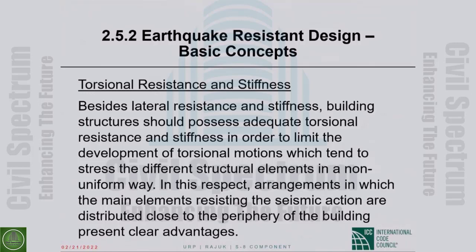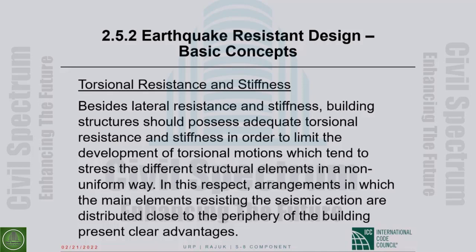The next item, torsional resistance and stiffness. Besides lateral resistance and stiffness, building structures should possess adequate torsional resistance and stiffness in order to limit the development of torsional motions which tend to stress the different structural elements in a non-uniform way.